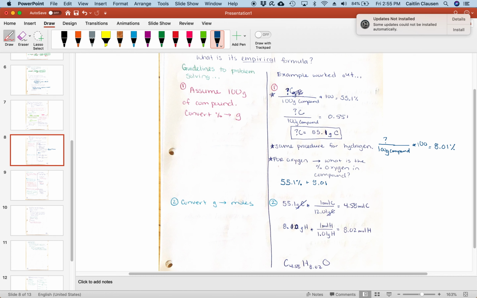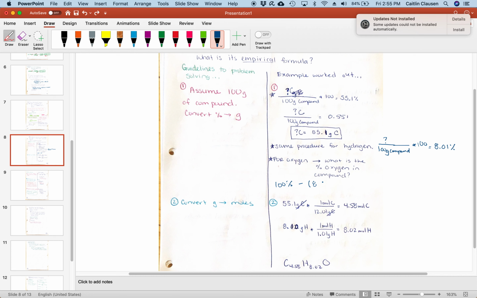So if I add the percentages of carbon and hydrogen together, and then I subtract that number from 100, that's going to give me the percent of oxygen.